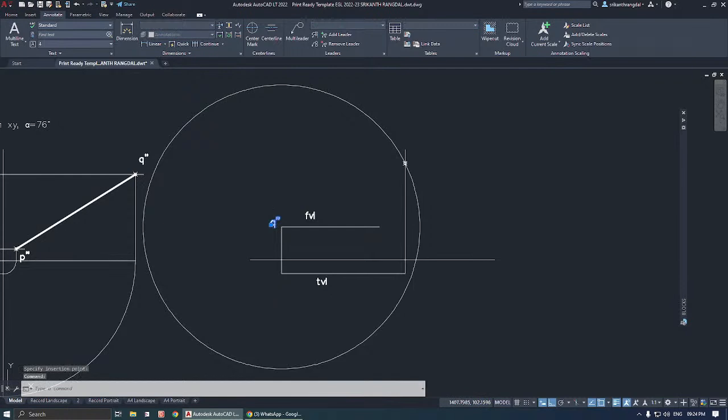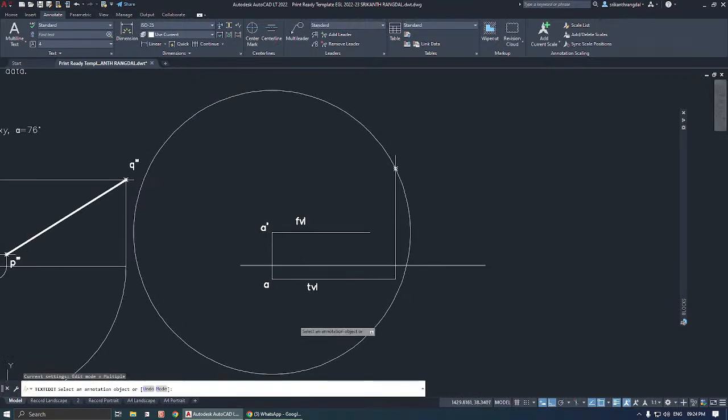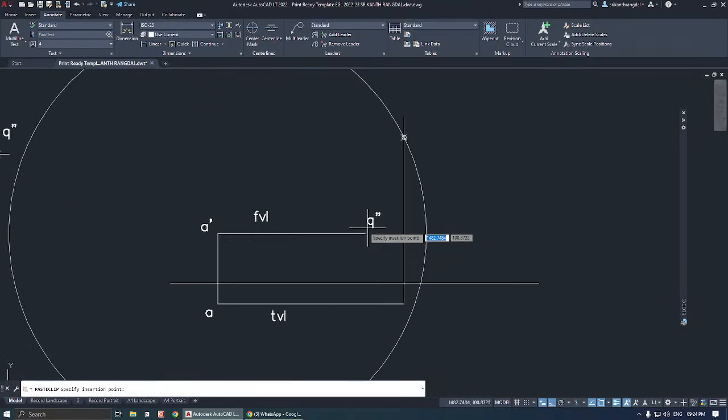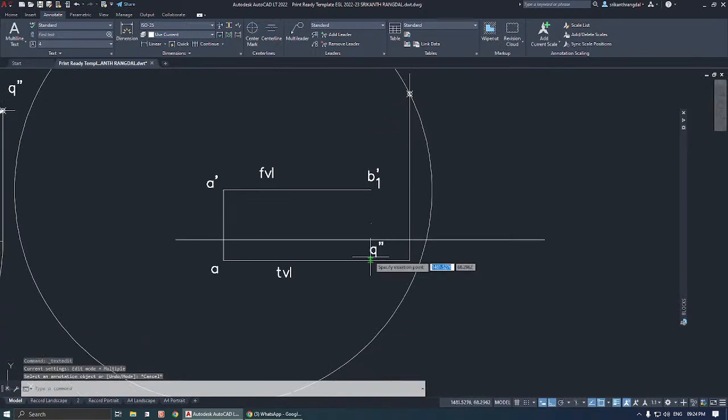Let us mark all these points. This is the front view of the first point, A dash. This is the top view of the first point, that is A. Now this one is a temporary first point of the second point. So this point should be B1 dash. And what about this other point?